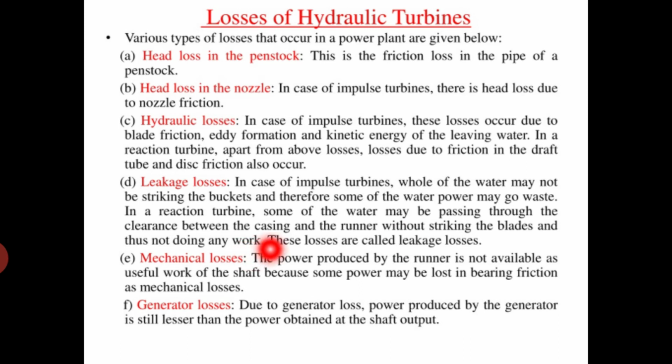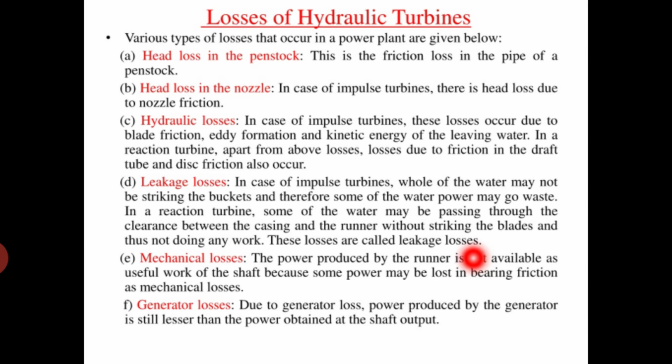And the mechanical losses mean the power produced by the runner is not available as useful work at the shaft, because some power may be lost in bearing friction as mechanical losses.